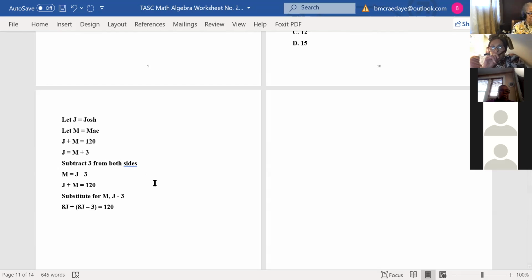24. This is the 8. Let's take the 8 multiplied by J minus 3, because we know how much they made total.